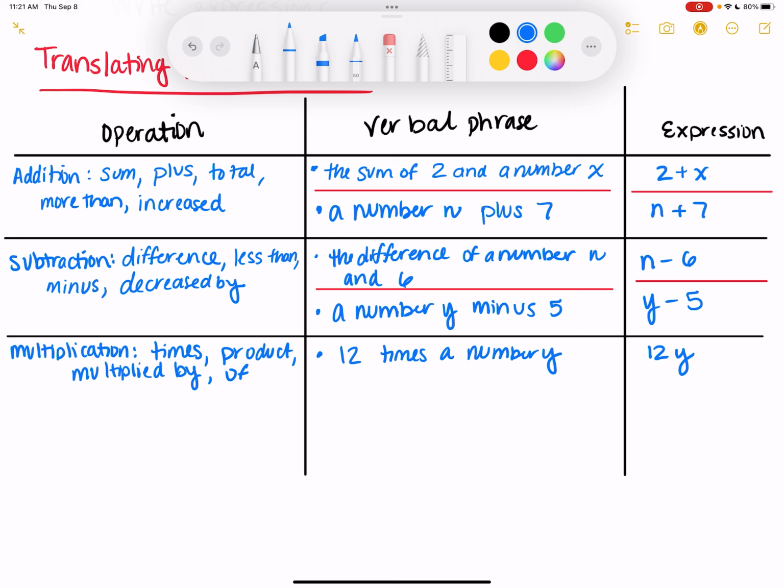Okay, and if you have a number and a variable touching, I think you've probably seen this before, that just means multiplication. You could also write it as 12 with a dot between it and then a y. So if you had two numbers, like if it said 12 times 72, then you would need to use the dot instead there.